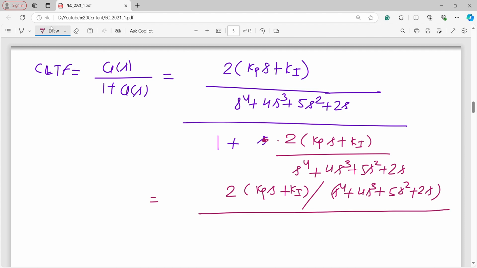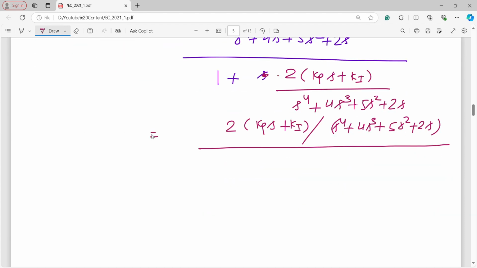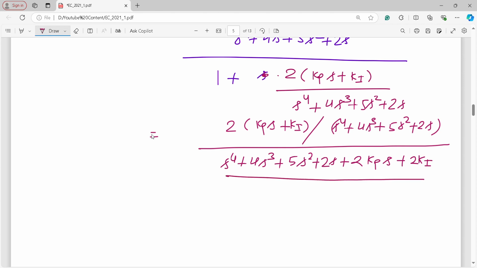Okay, so here, simplify: s power 4 plus 4s cube plus 5s square plus 2s into 2 Kp into s plus 2 Ki, and the whole divided by this same term.